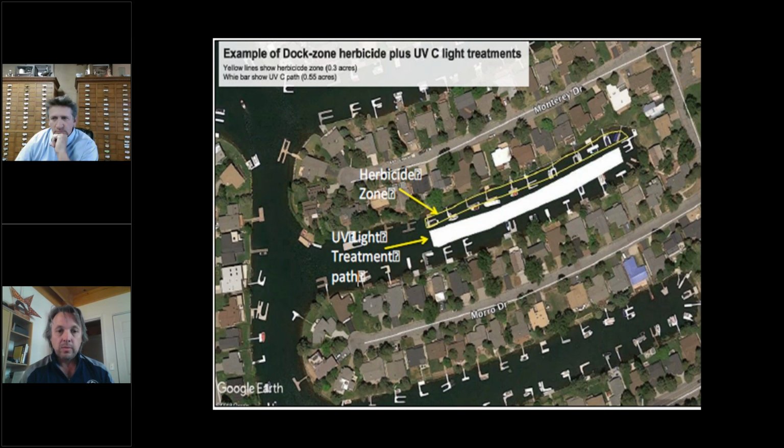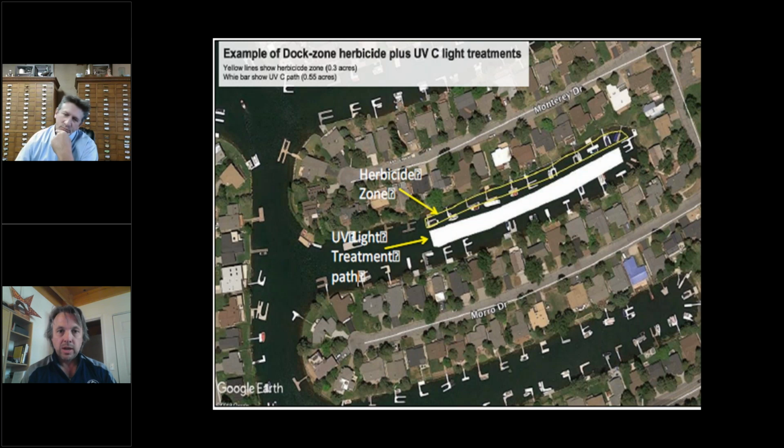And so looking at using UV light up the middle of these channels with herbicides used on the edges with potentially turbidity curtains, or as I think you heard Dr. Sartain talk about earlier, potentially bubble curtains. I think there's a test that's going on in the Northwest that's looking at bubble curtain used to contain or to hold herbicide concentrations. But this is kind of what we're looking at.